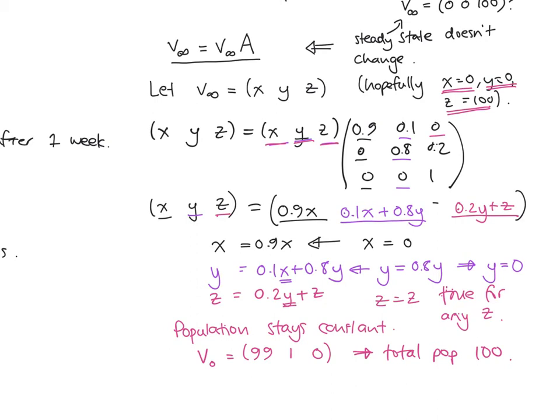So the thing that we know is that V infinity, which we know is at the moment x, y, and z, must have the condition that the total value, that is the total number of people in each state, must be equal to 100. And this gives us the equation that we can use to solve for the particular z that we're interested in.